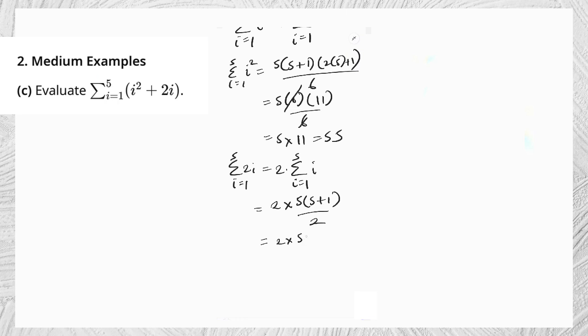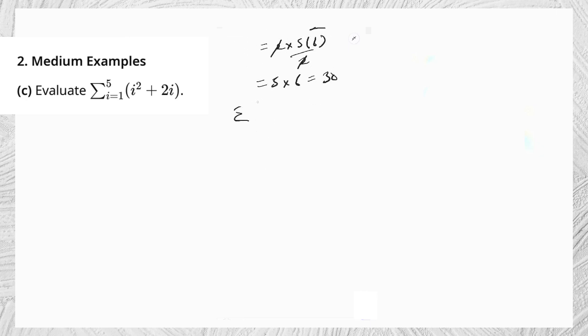We know our n is 5, so that will be 5 times 5 plus 1 divided by 2. And 5 plus 1 is 6. The denominator 2 can cancel out the other 2, so you are left with 5 times 6, and 5 times 6 will give you 30.